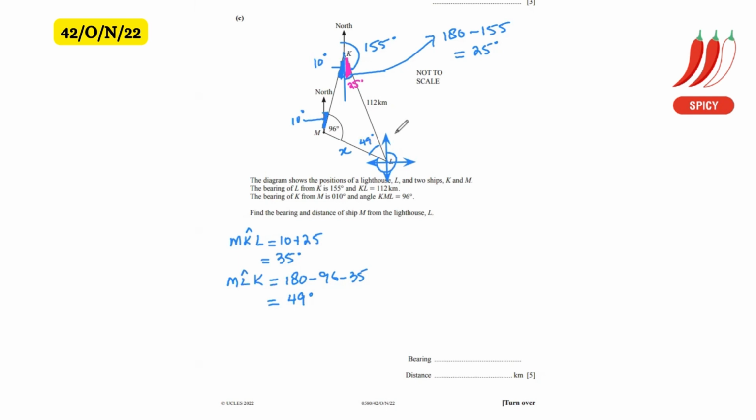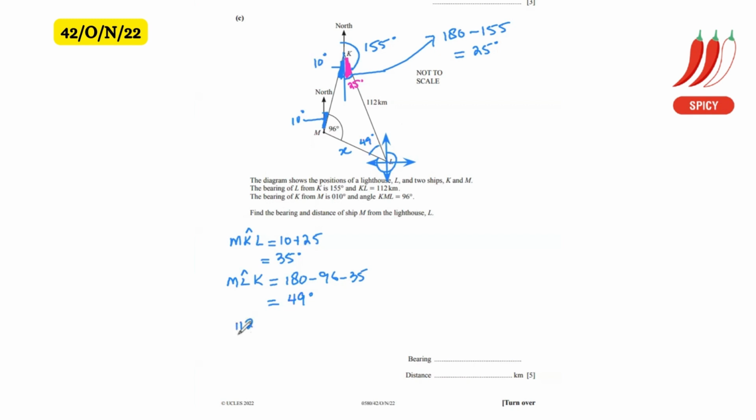So if you remember the conditions of sine rule, in order for us to apply sine rule, we need one complete set of angle and length. And as you can see, we already have that over here. We have angle M and we have its corresponding length, which is 112. So since we already found angle K, the corresponding length to angle K is ML, which I've written as X. So using sine rule, we can find the distance of ship M from the lighthouse.